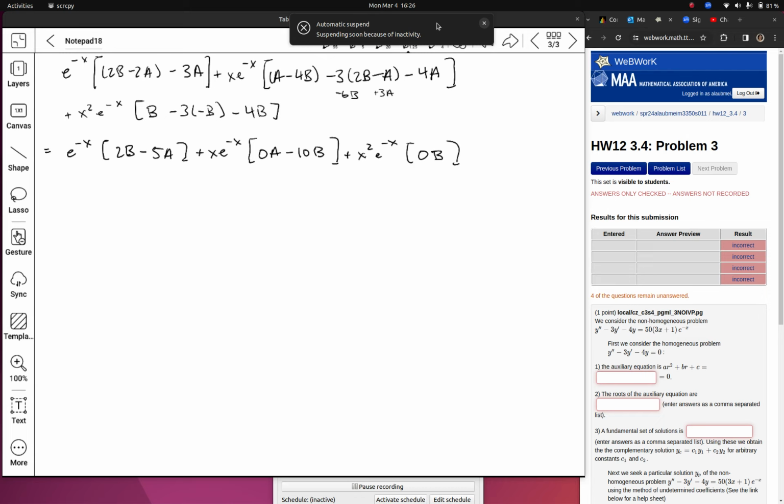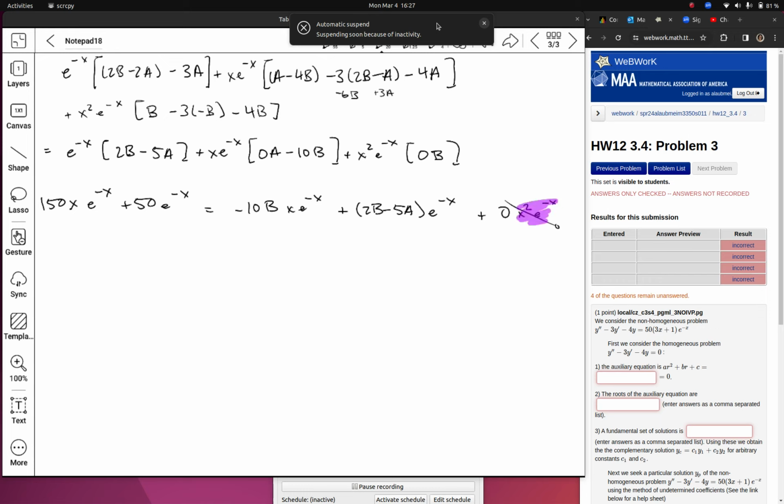So on my left side, I had 150x e to minus x plus 50 e to minus x. And on my right side now, I've got minus 10b x e to minus x plus 2b minus 5a e to minus x plus 0 x squared e to minus x. And that's just going to become 0.